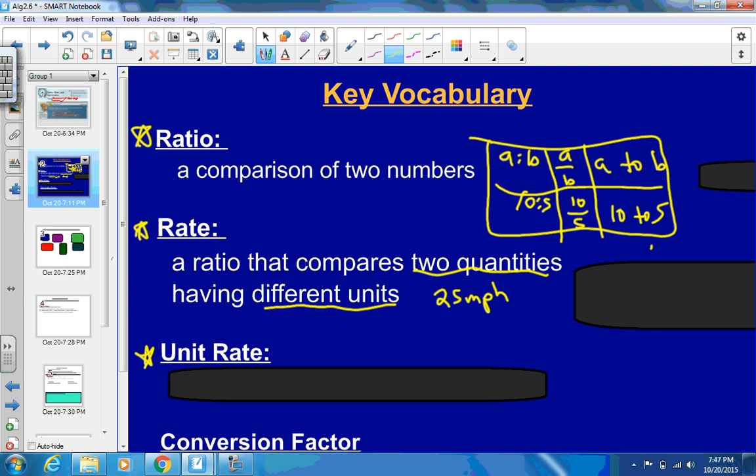You could say dollars per hour, gallons per mile, miles per gallon. There are different types of rates you might think of, and we're going to be talking about those a bit.